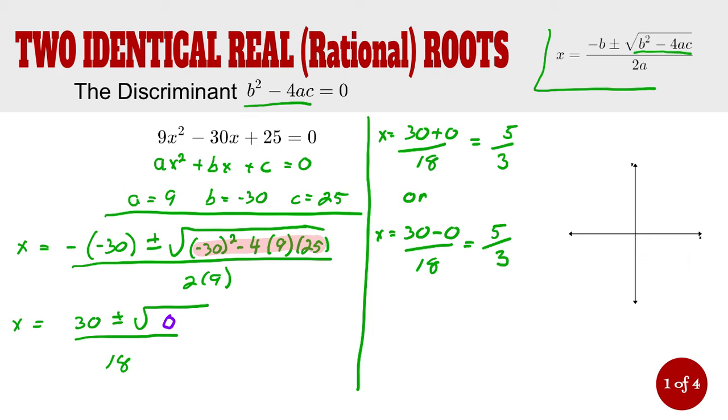Notice that the discriminant is equal to 0, and that the roots are 2 identical real roots, which means this is a perfect square trinomial.